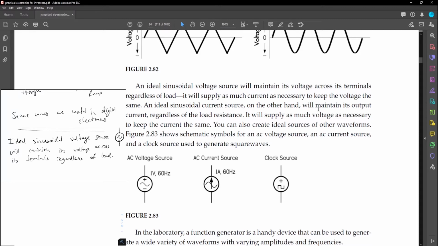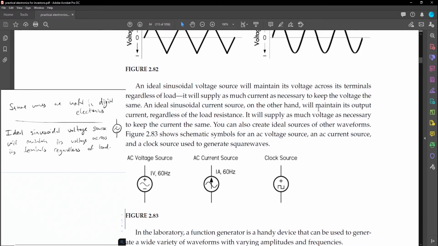It will supply as much current as necessary to keep the voltage the same. Hopefully they give an example, because my example sucked.